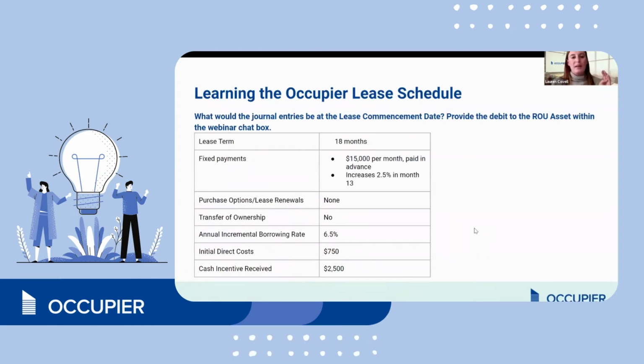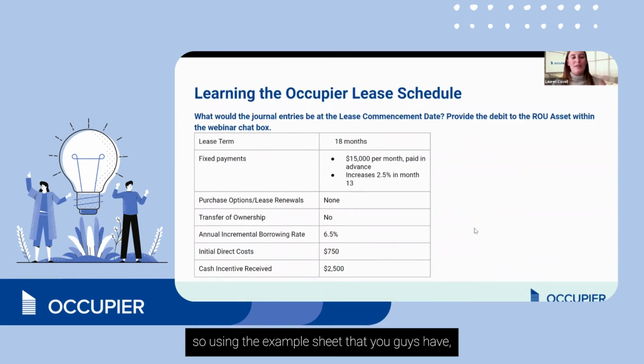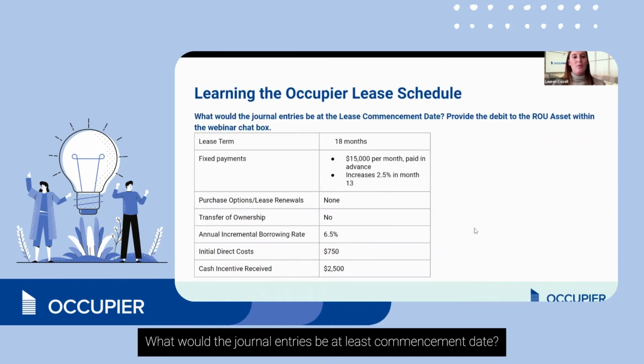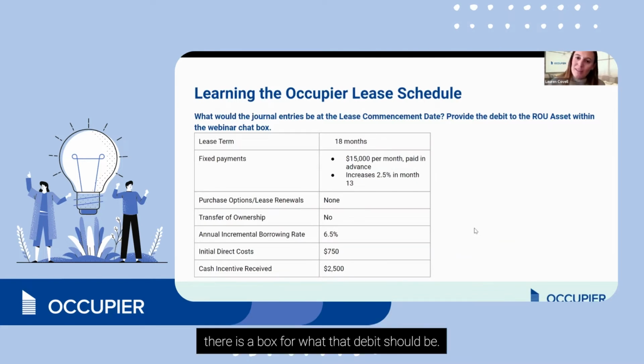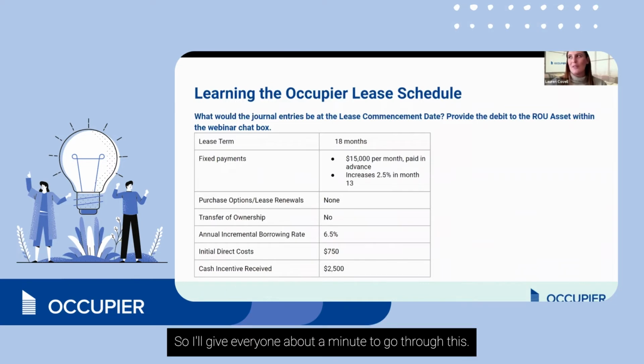So, still using the example sheet that you guys have, what would the journal entries be at lease commencement date? Provide the debit to the right of use asset. Hint, hint, there is a box for what that debit should be. So I'll give everyone about a minute to go through this.